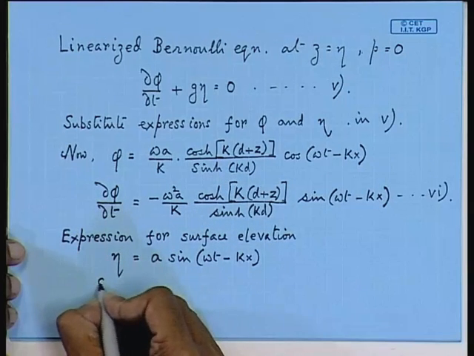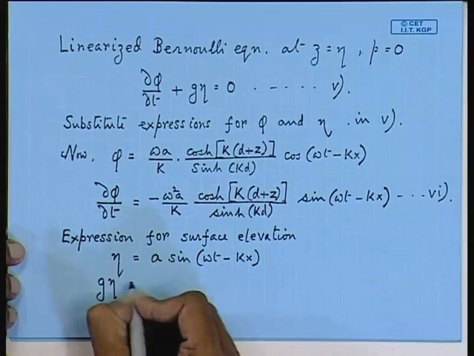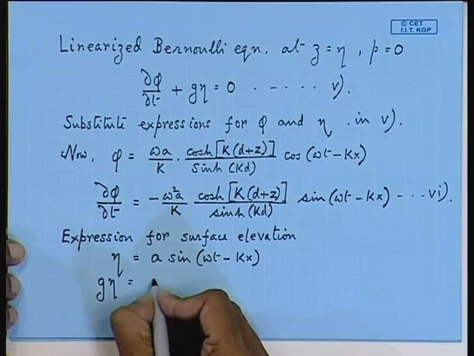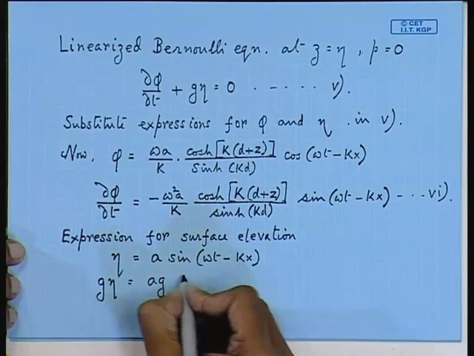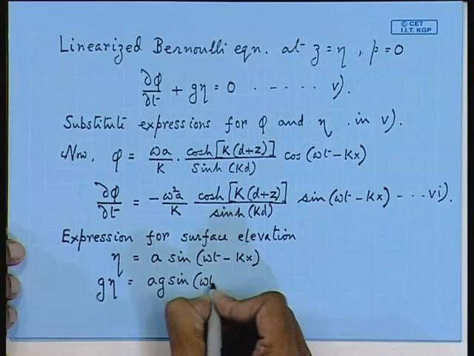So, g eta will be simply A g multiplied by sine of omega t minus k x.